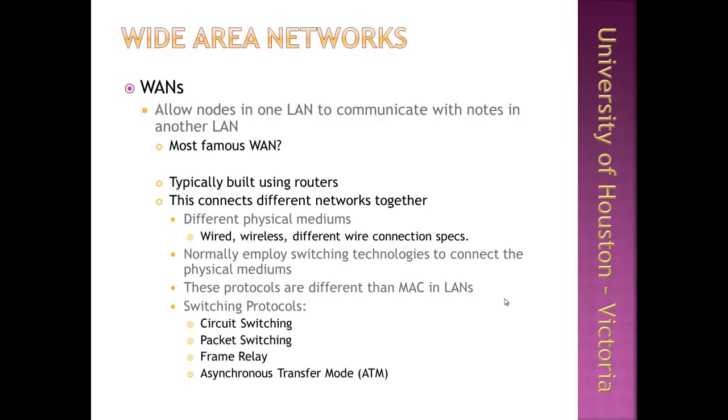The protocols used to establish connections on such non-shared mediums normally employ switching technologies and are different from the broadcast protocols used in the medium access layer, or MAC layer, which in this case is used in local area networks. There are different kinds of switching protocols that we will cover: circuit switching, packet switching, frame relay, and asynchronous transfer mode, or ATM. And of course, the most famous wide area network is the internet.